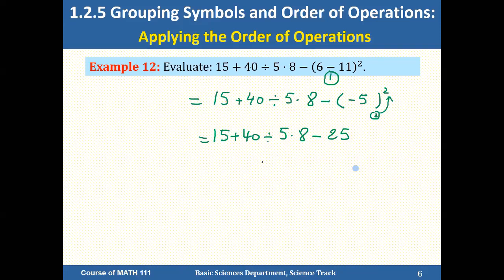مين الثالث في الأولوية؟ Division. Yeah, the division. So we get 15 plus 8 plus 14 divided by 5, 8 times 8 minus 25. Then we have addition, multiplication and subtraction.